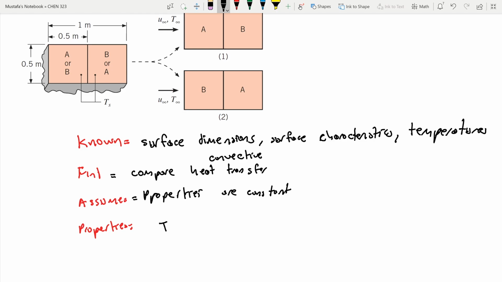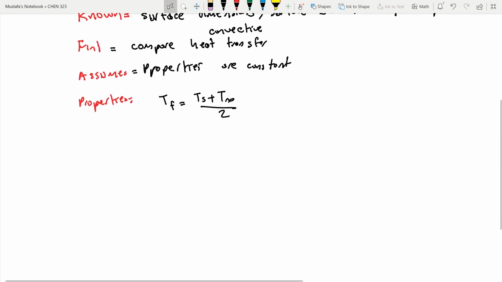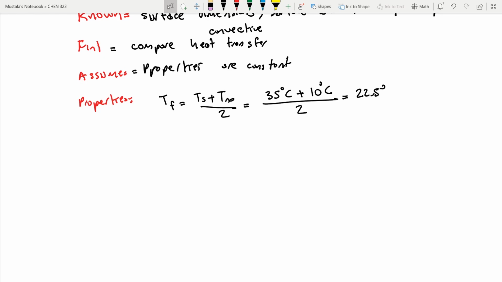And we learned about a concept called film temperature. This is Ts plus T infinity over 2. So we need to evaluate the properties at T film, where 35 is the surface temperature and T infinity is 10, divided by 2, which is 22.5 degrees Celsius, roughly equal to 296 Kelvin.